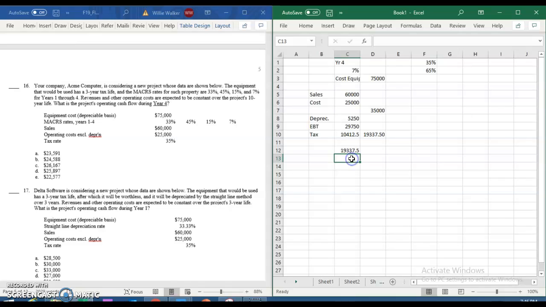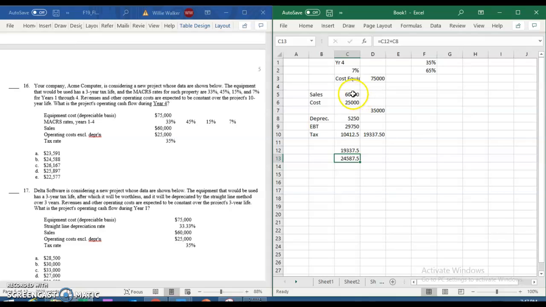Long story short, what we can do to get our cash flow for year 4 is take this amount, earnings after tax, and add back depreciation. That's all that is. And we're given this amount, $24,587.50. And this corresponds directly with answer choice B.